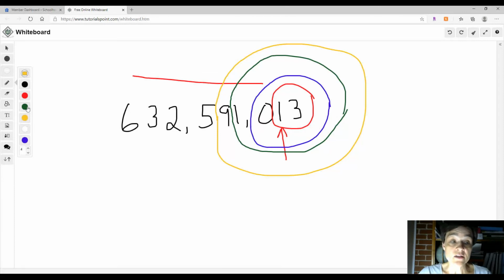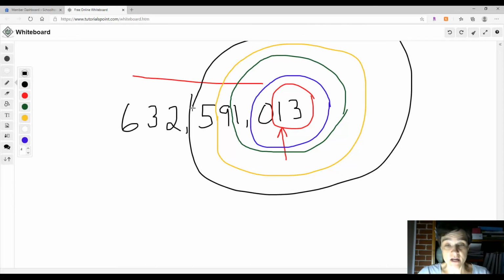And the next one is to the nearest 100,000. That means all these will change. These will not. Always look at the place that it says to round to, look at the next number to the right of it, and that number tells whether this number stays the same or goes up. I want you to do that yourself. I know you can.